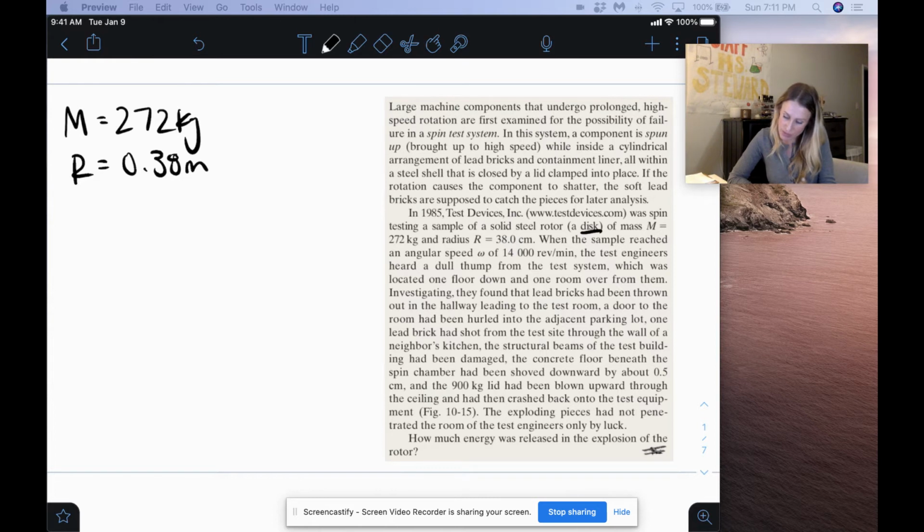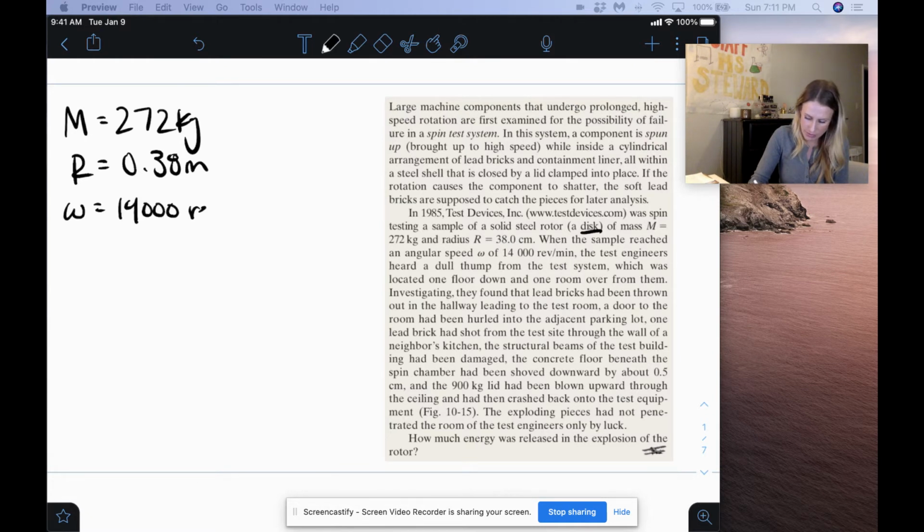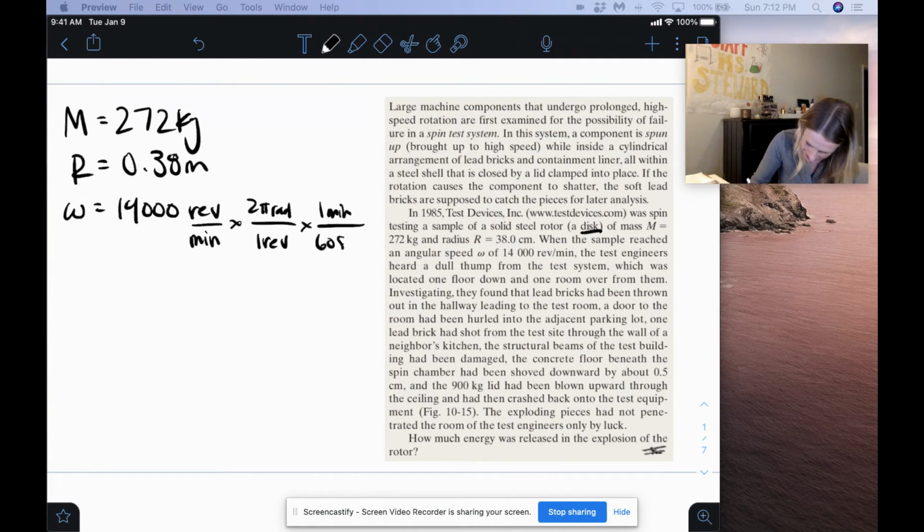And then it says we reach an angular speed omega of 14,000 revolutions per minute. So our angular speed was 14,000 revolutions per minute, which of course we want in radians per second. So I'm going to convert that right away. In 1 revolution, there's 2 pi radians. And in 1 minute, there are 60 seconds.